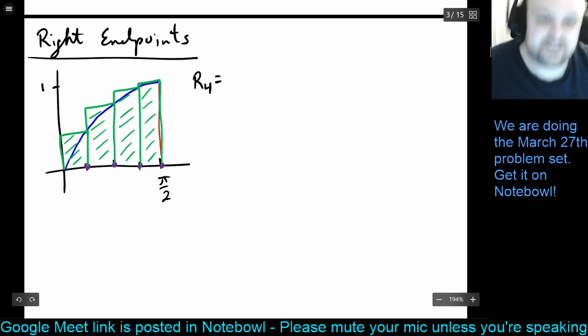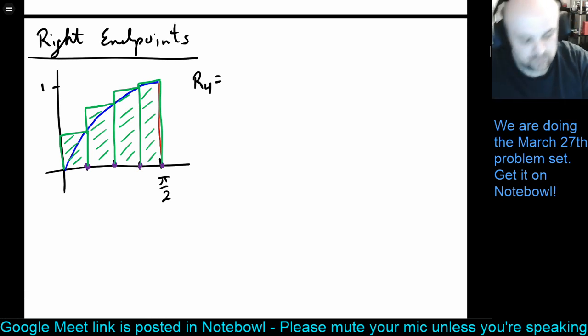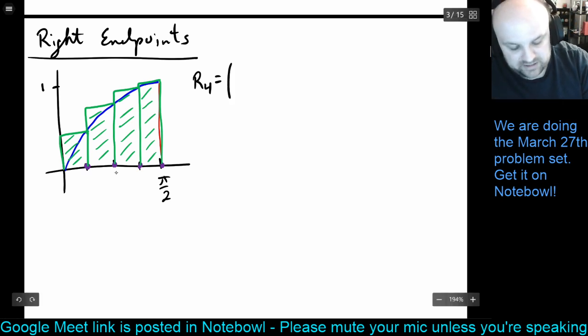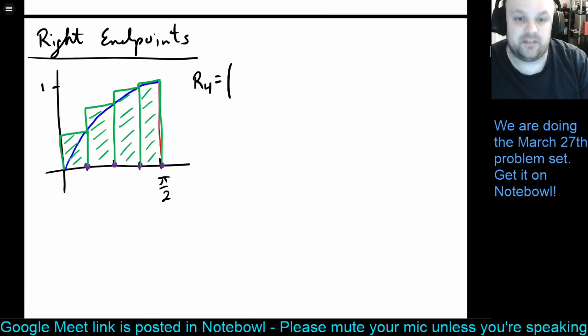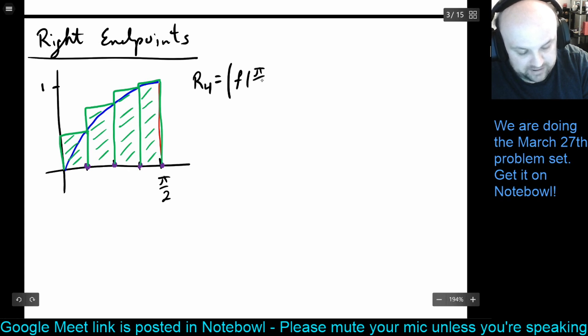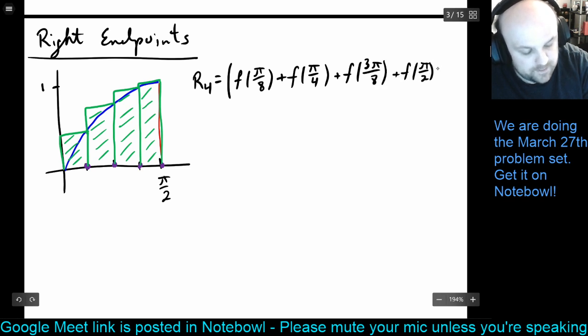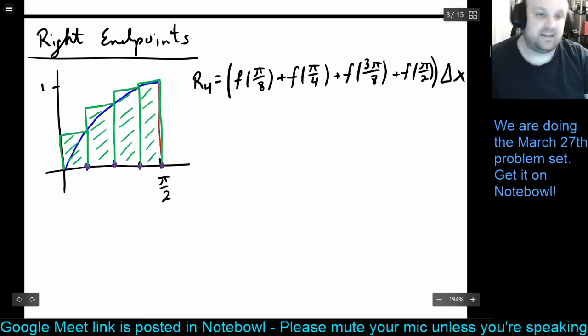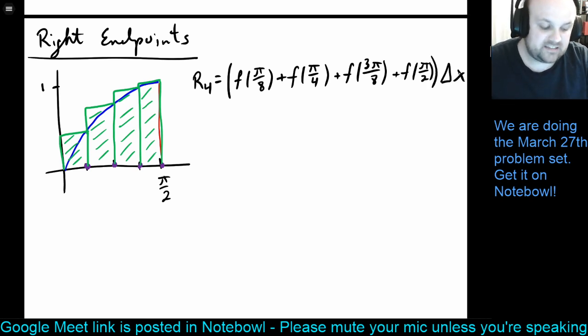R4 in this case, we need to take all of these right edges and plug those into the function and add those up. So this is f of pi over 8 plus f of pi over 4 plus f of 3 pi over 8, plus f of pi over 2, and again times delta x. Because delta x is the width, and these are all of the different heights of the rectangles. And now we just have to add all this up.